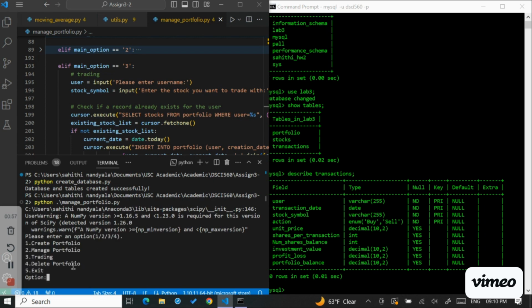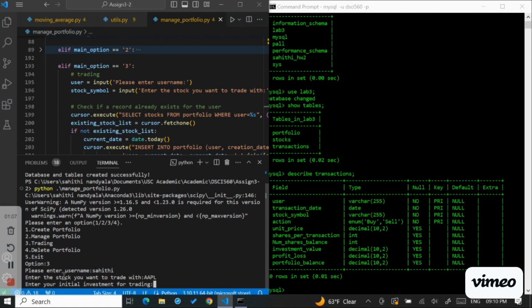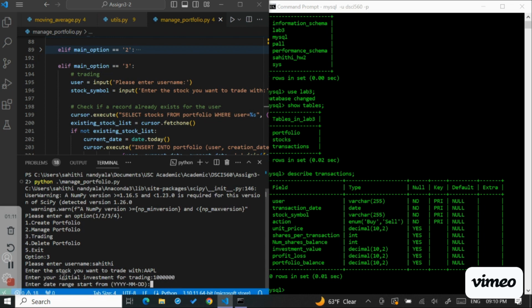So let's select option 3, which is trading. Let's give our username and a stock, maybe Apple, investment $1 million. Let's try to trade for maybe 4 months.